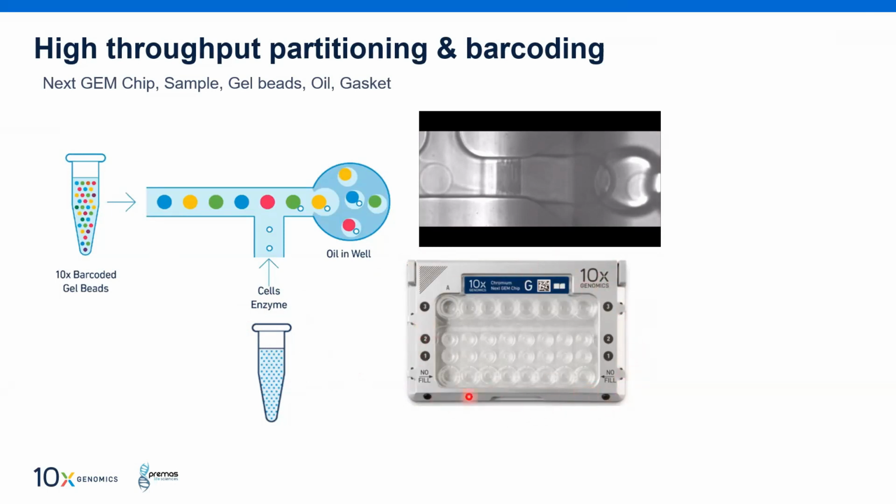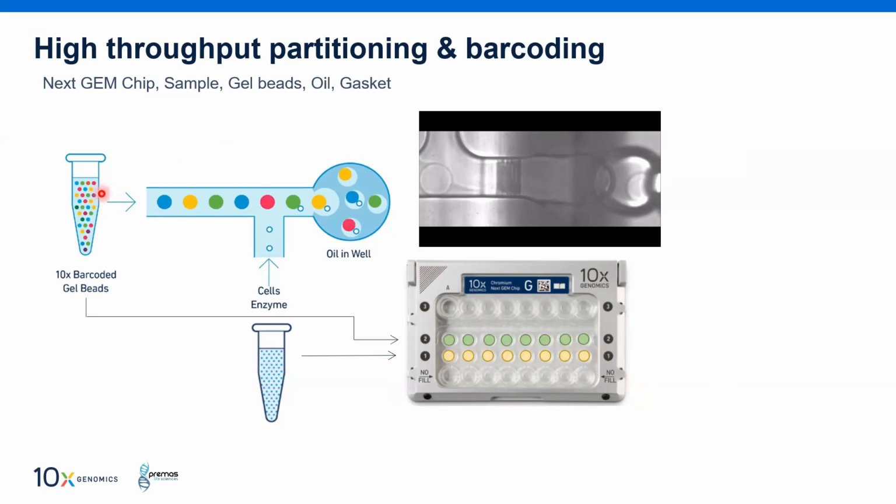So here you can see that there are 8 channels. So this means we can process 8 samples at a time. And you can see there are rows 1, 2, and 3. So this indicates where exactly we have to load the reagents. So the first job is to prepare the cell and enzyme mix and load it in row 1. So all the 8 samples have been loaded.